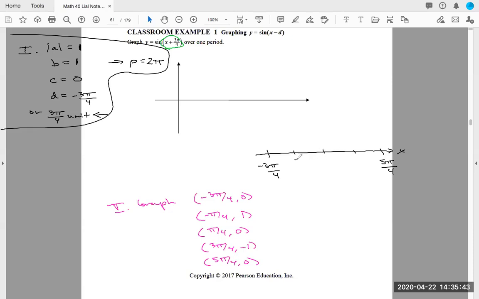So this would be negative pi over 4. This would be pi over 4. And this would be 3 pi over 4. And then your max is going to be 1, and your min will be -1.